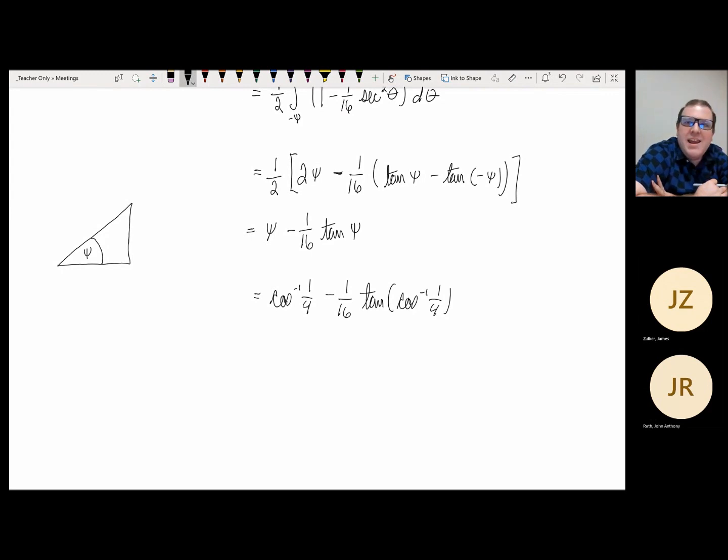That means cosine of that angle would be 1/4. Cosine is adjacent over hypotenuse, which means that missing length is √15.